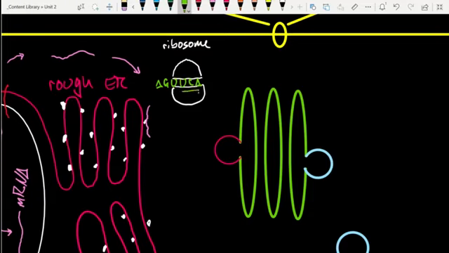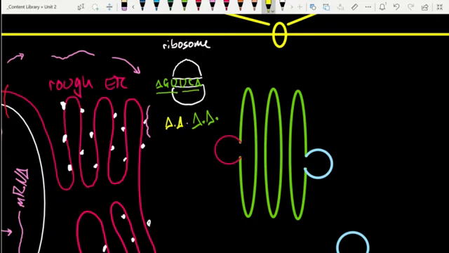So it sees this code right here, UCA. It says, oh, I know which amino acid is associated with that code. And so that amino acid comes up into play. And then, as the mRNA continues to pass through the ribosome, we see the other code, right? Here's another one, AGU. Well, that's going to be a different kind of amino acid.